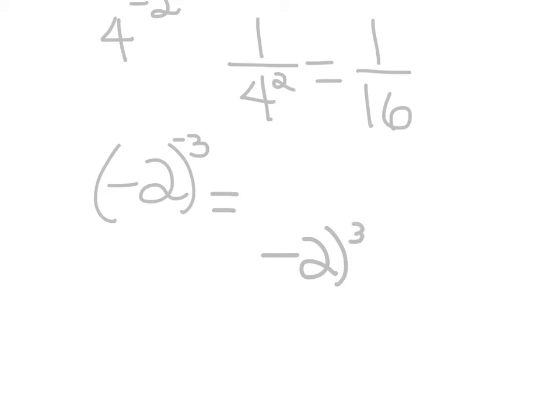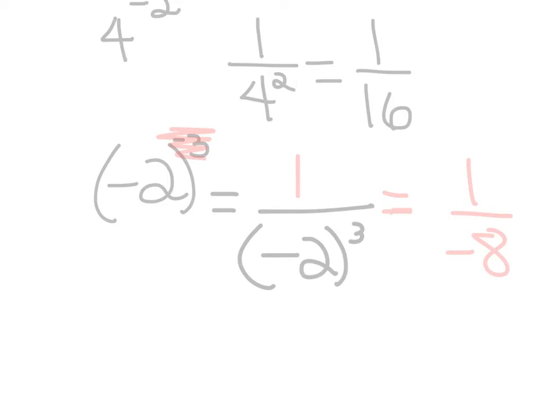Beautiful. She knew that this negative exponent here turned it into a fraction. And then now we're going to figure out what -2 times -2 times -2 is. Okay. Good. -8. What if it was not in parentheses?